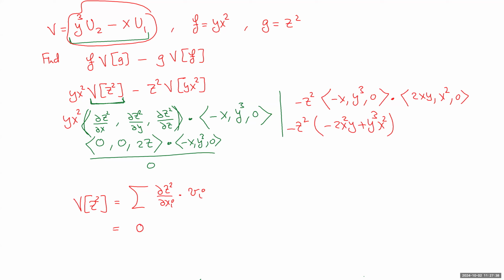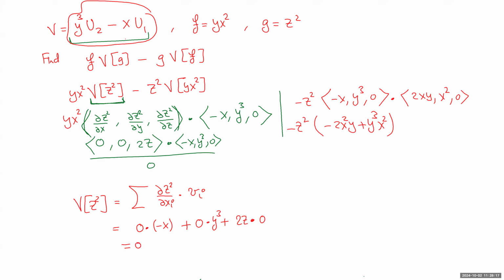This is going to be 0 because x1 is just the derivative with respect to x. v1 is the coordinate of u1 up there. Plus, now the derivative with respect to y is 0, and the second coordinate is y cubed. Plus, the derivative with respect to the third is 2z. We multiply that with 0, so this is going to be 0.